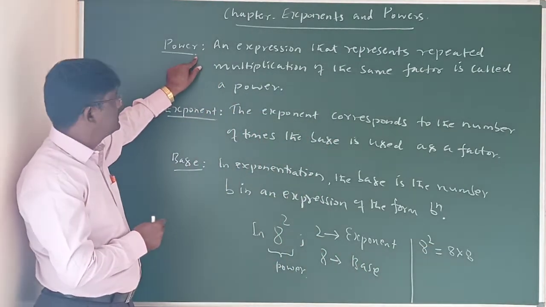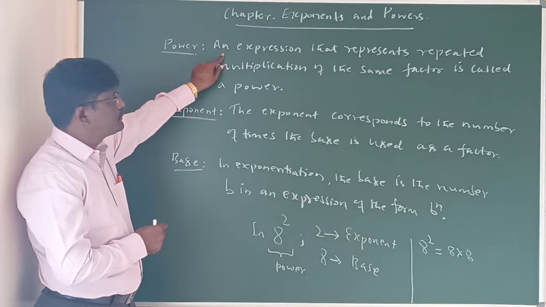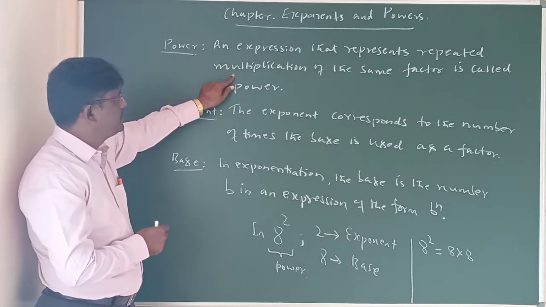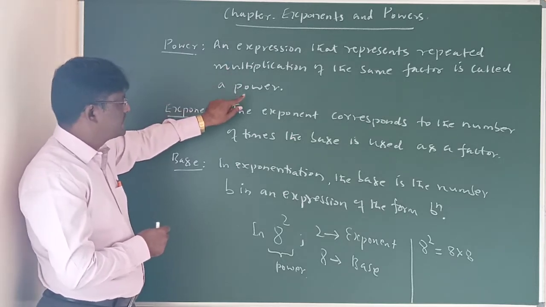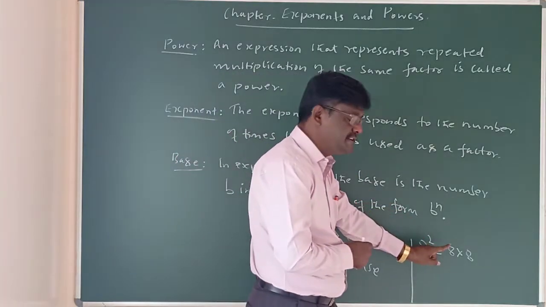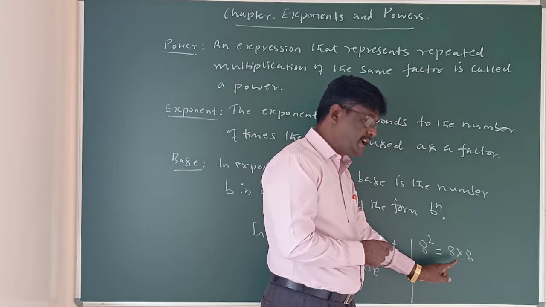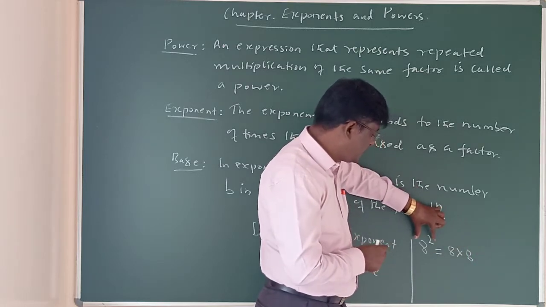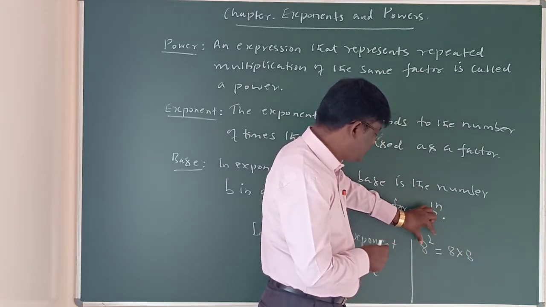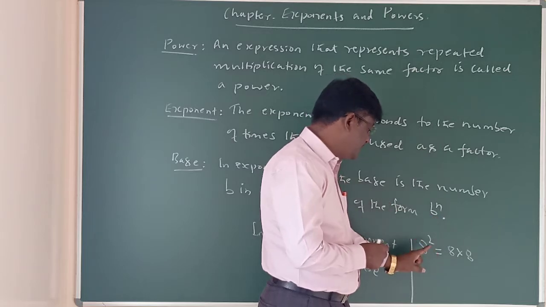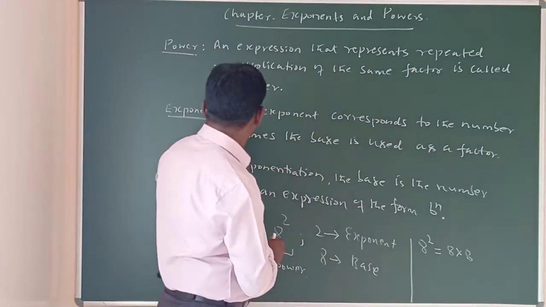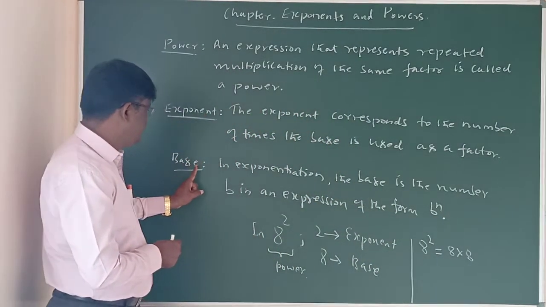Hence be very clear: an expression that represents repeated multiplication of the same factor. Here consider the factor 8. How many times has it been repeated? 2 times. That we express as 8 square. Therefore that expression is power, that 2 we say exponent and 8 is the base.